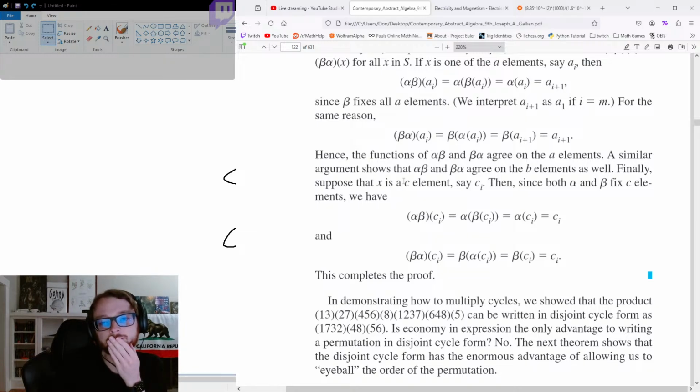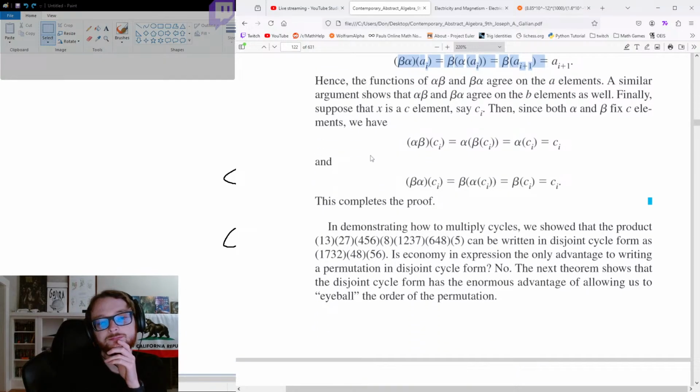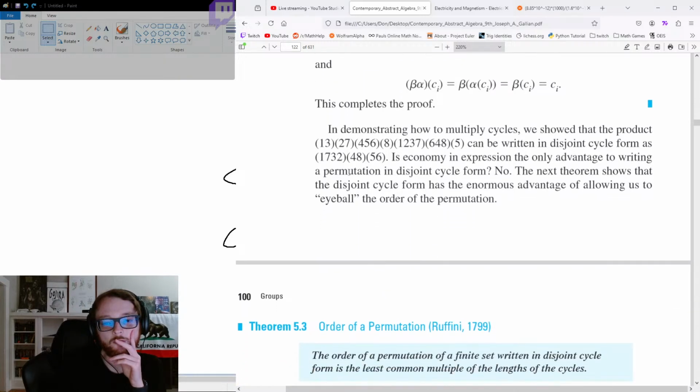All right, that proof works for me. Well, that part of the proof. Oh, and then for C, of course, they both hold C fixed, so who cares? Okay.